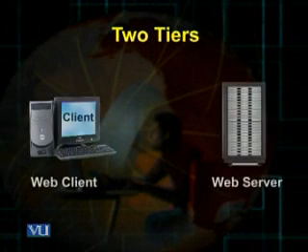So we can say it's a 2-tier architecture. A simple client server model represents a 2-tier architecture, some processing on the client side, some processing on the server side. You can see that concept in the slide before you.